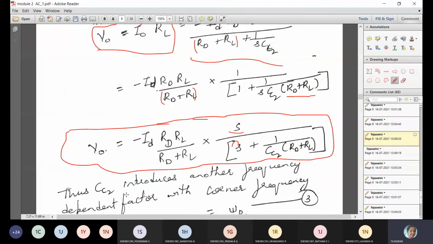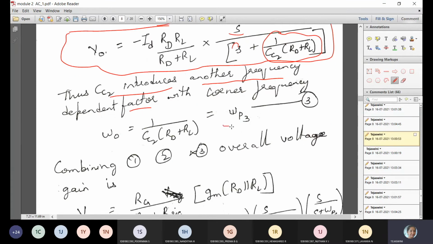So again CC2 introduces another frequency dependent factor, that is 1 by CC2 into RD plus RL. This is a corner frequency. So we call it WP3. So omega naught corner frequency is also equal to omega P3, 1 by CC2 RD plus RL. So combining 1, 2, 3, that is WP1, WP2, WP3, with the overall voltage gain.